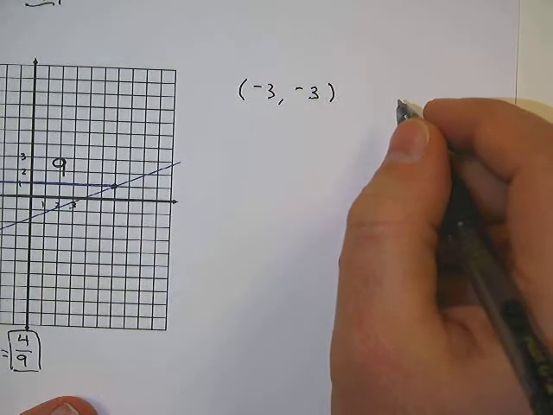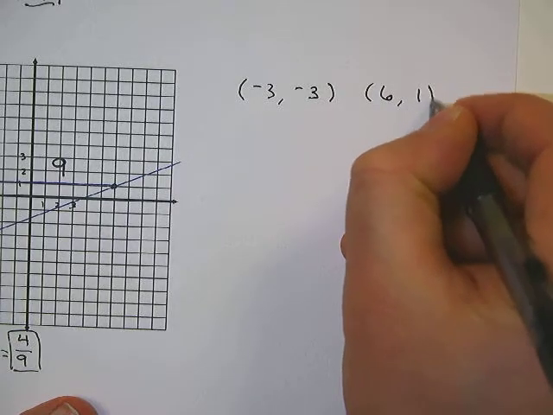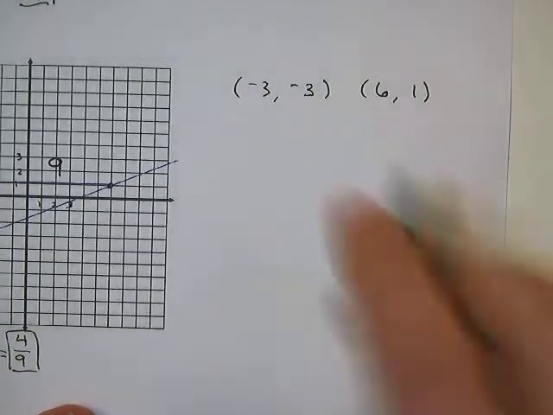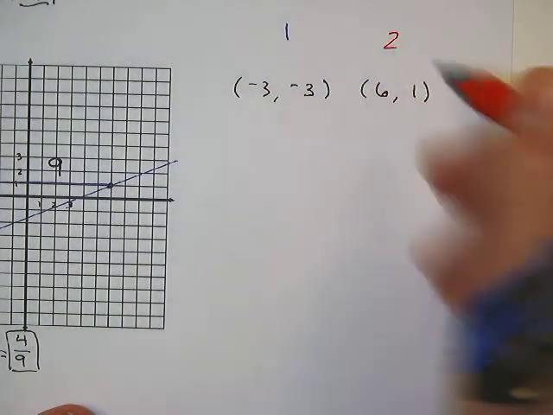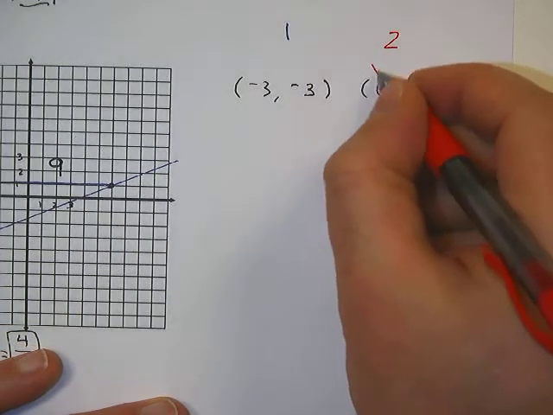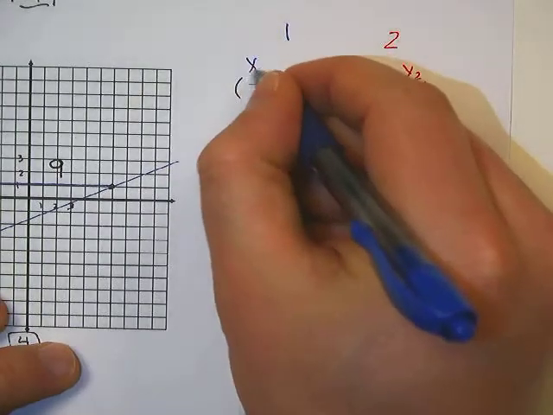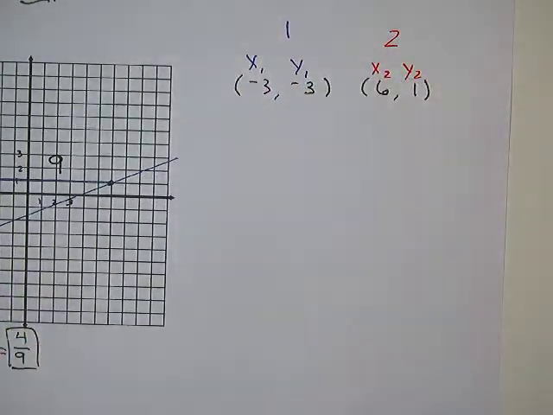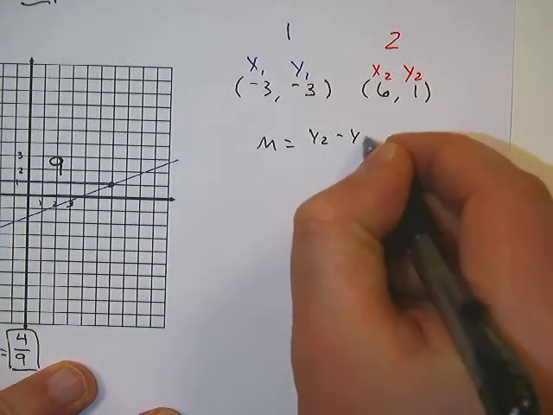All right, this one has points negative 3, negative 3, and we have point 6, 1. All right, so this is our first point and this is our second point, which means we have x2 and y2, and that means we have x1 and y1.